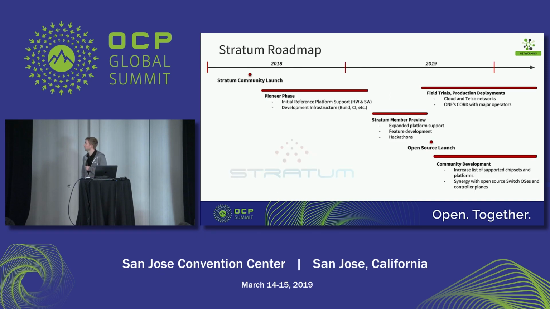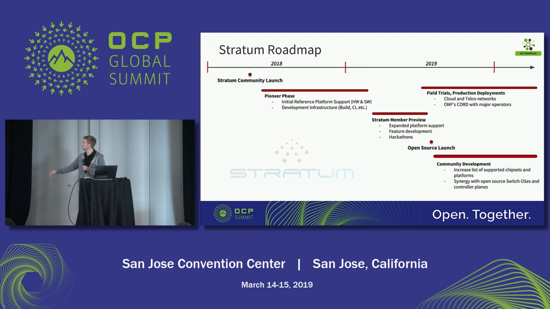Quickly on the roadmap, we've been at this for about a year. You may have heard announcements about this time last year about the community launch. We've gone through a pioneer phase where a few early adopters have ported the source code, which Devjit didn't mention, but was originally donated by Google, to some white boxes. And we're currently in a phase called the member preview, where people are trying this out, seeing if they can build out a few use cases.